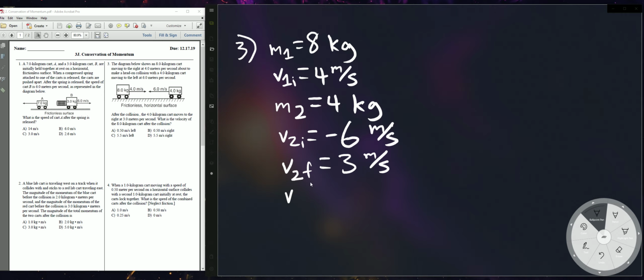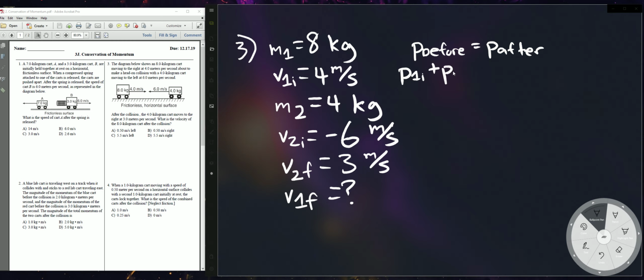So what's the velocity of the 8 kilogram cart? They want to know what the final velocity of object 1 is, right? So set up your equation. P before is equal to P after. P1i plus P2i is equal to P1f plus P2f.